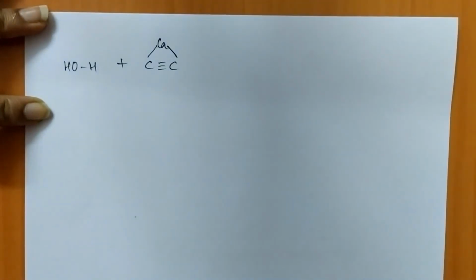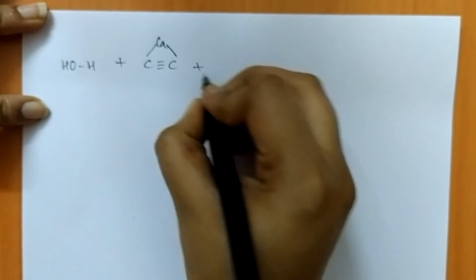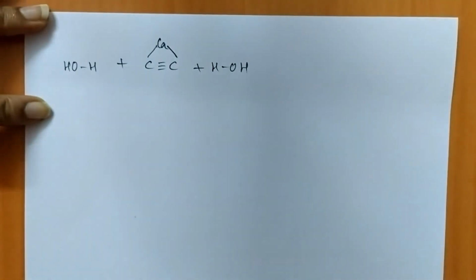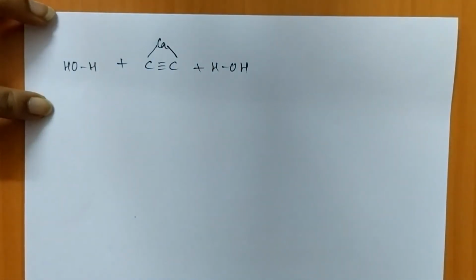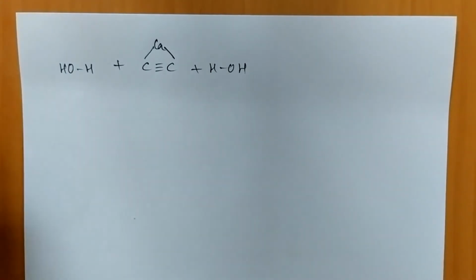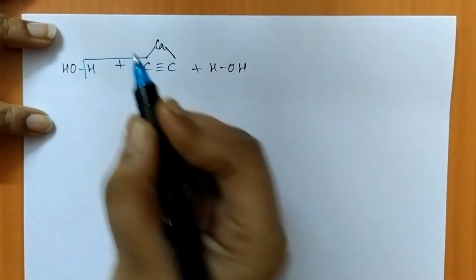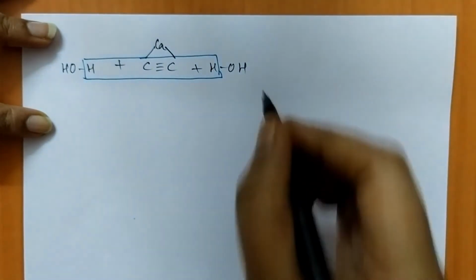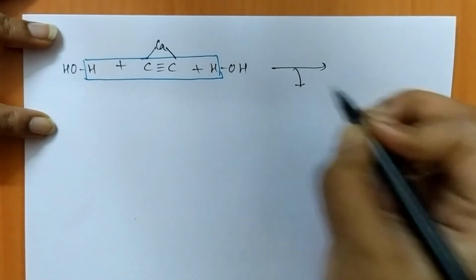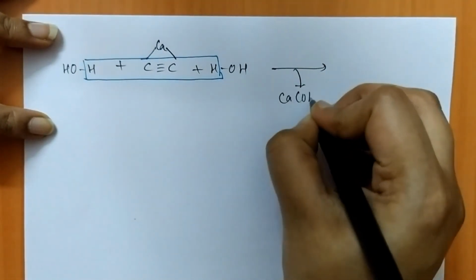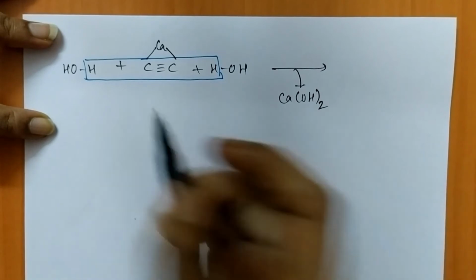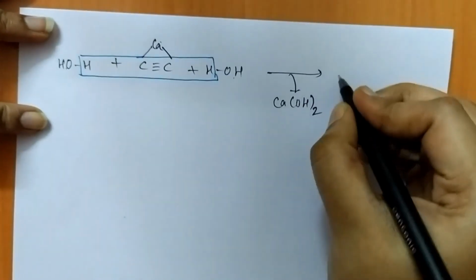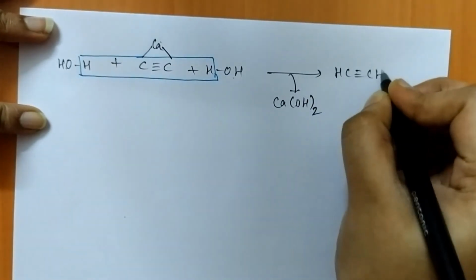This is calcium carbide, that is CaC2, sorry, plus another molecule of water. And therefore, this particular portion is going to be lost, and we are left with Ca(OH)2. Okay, that is going to be lost, Ca(OH)2. And ultimately, we are going to get acetylene.